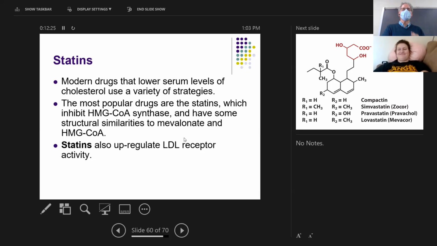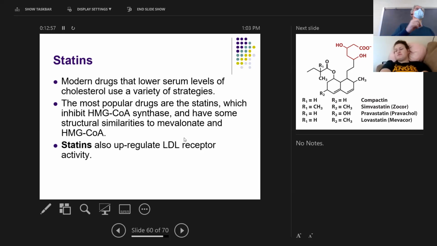So these drugs inhibit HMG-CoA reductase, and to a lesser degree, HMG-CoA synthase. They have some structural similarities to mevalonate. And because of the way the LDL receptor is regulated, because you decrease endogenous cholesterol synthesis, you upregulate the LDL receptor.